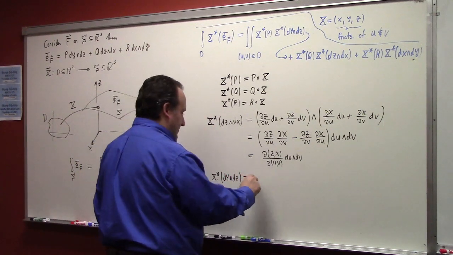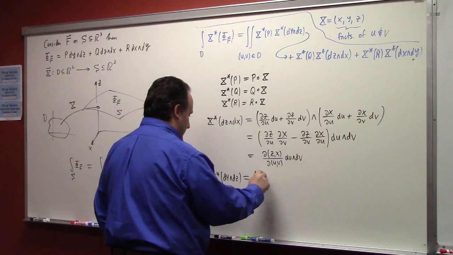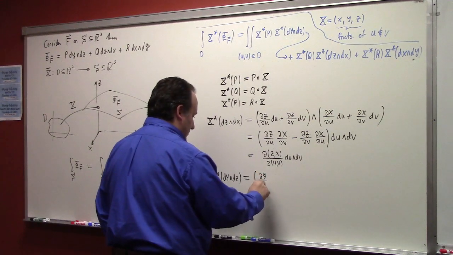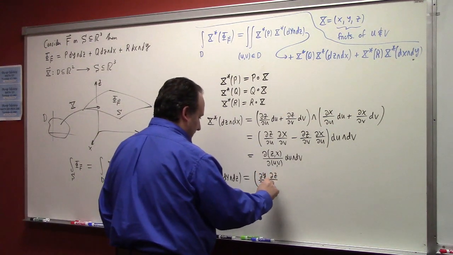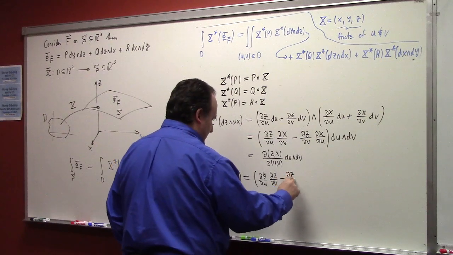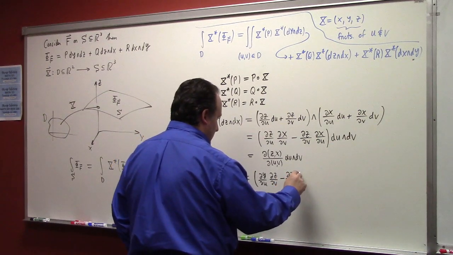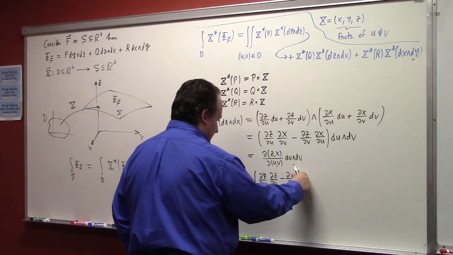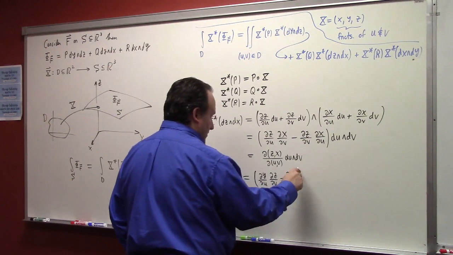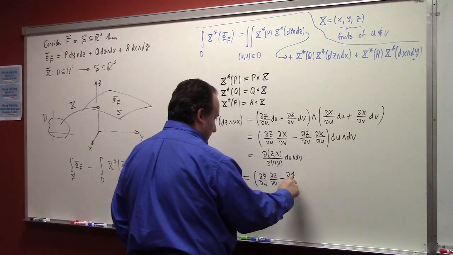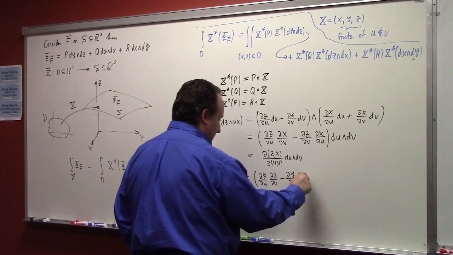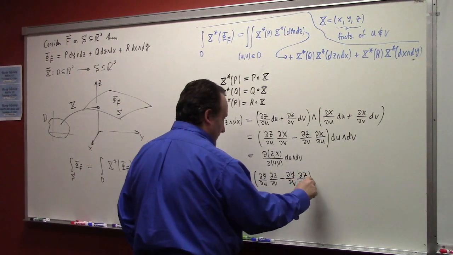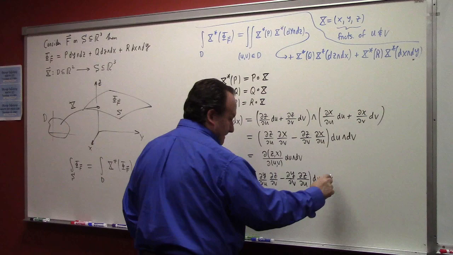When we work it out, it's going to be partial y, partial u, partial z, partial v, minus partial y, partial v, partial z, partial u, let me do it the same order here, keep my pattern the same, du wedge dv.